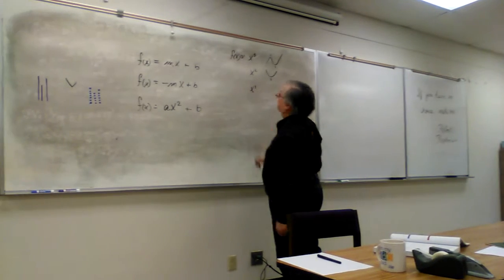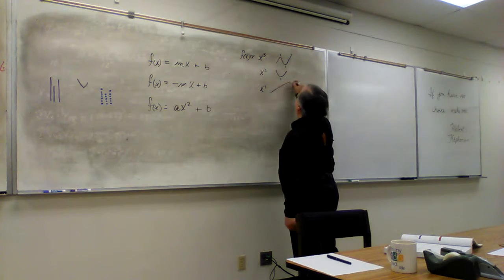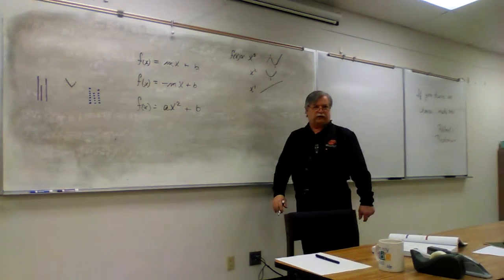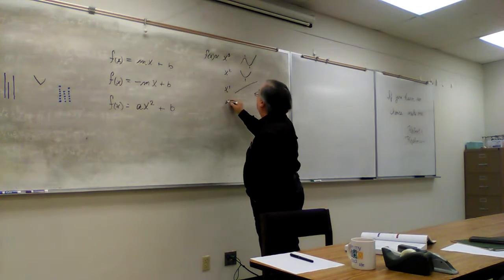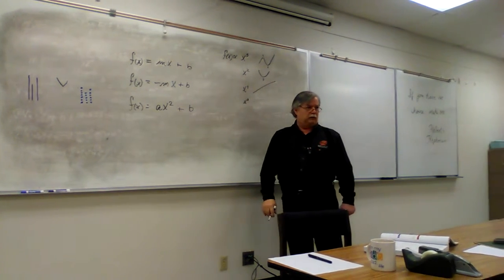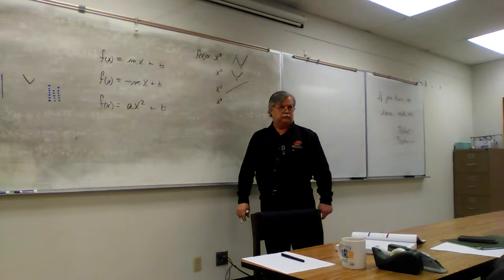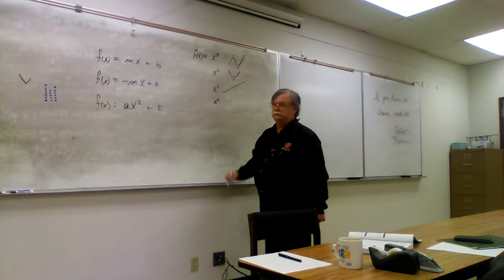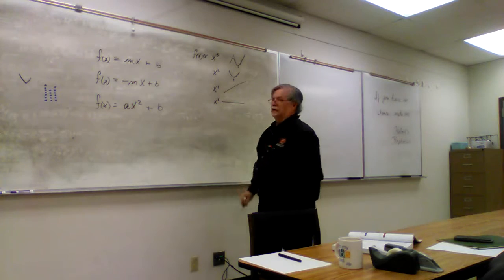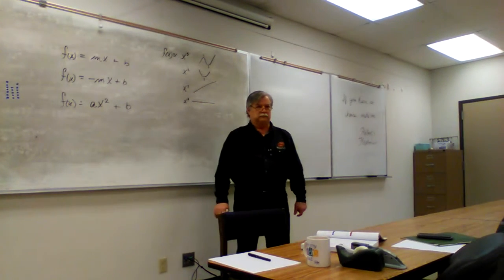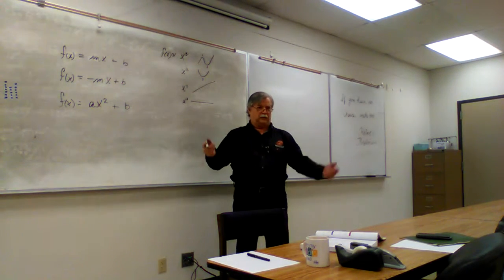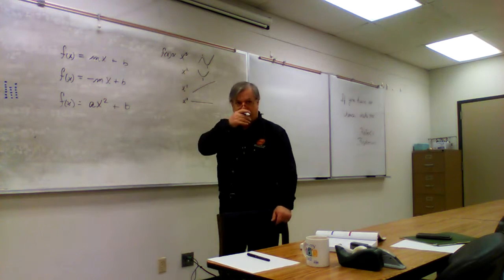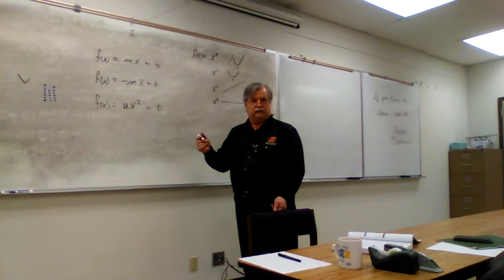If it's x to the power of 1, it'll be linear, a straight line up or down. If it's x to the 0, what is that? That's constant. Anything to the power of 0 is 1. So it doesn't change with x. It stays the same.